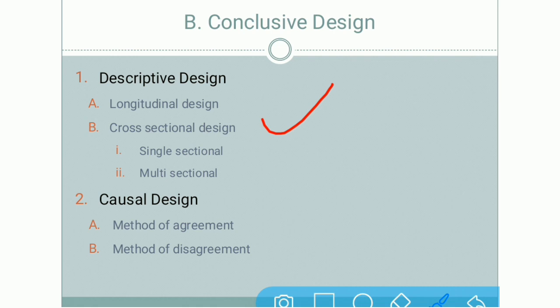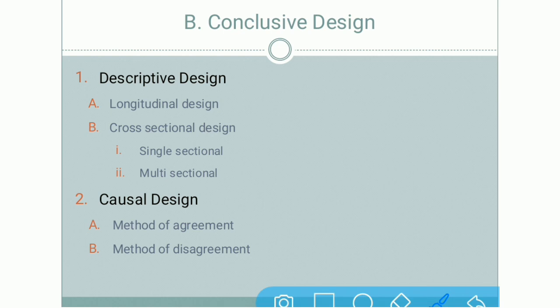Going with the same example, if a study is conducted on students' behavior once only, it is known as a cross-sectional design. Here repeated studies are conducted; there, only one study is conducted on the particular respondents.